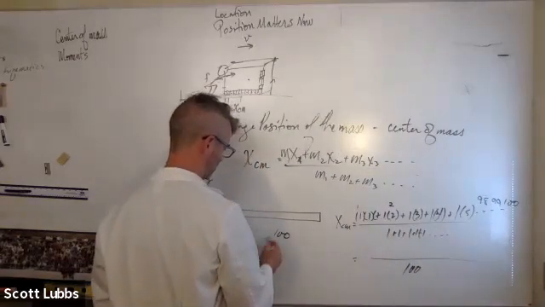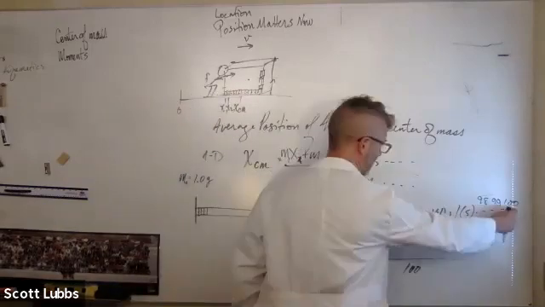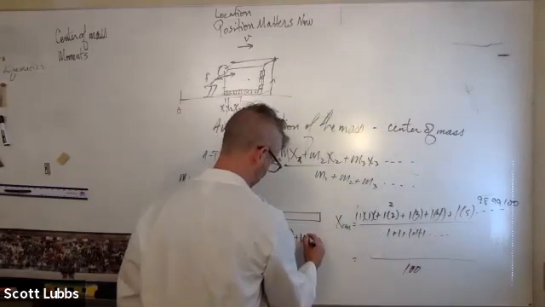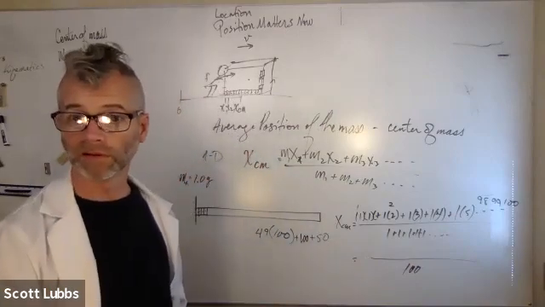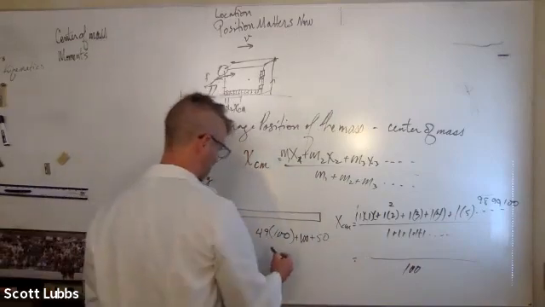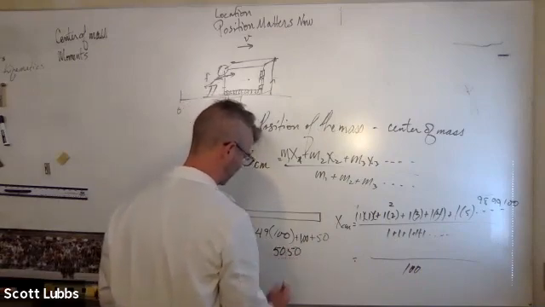I can do that 49 times, plus the last one, which is 100, plus the one in the middle. So I got 4,900 plus 100 is 50, 50.